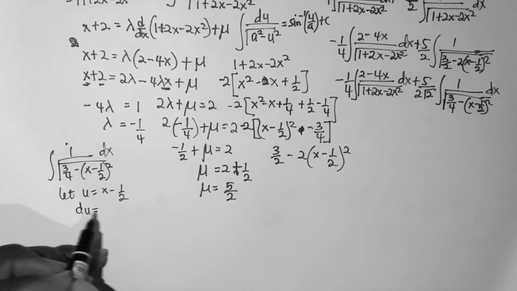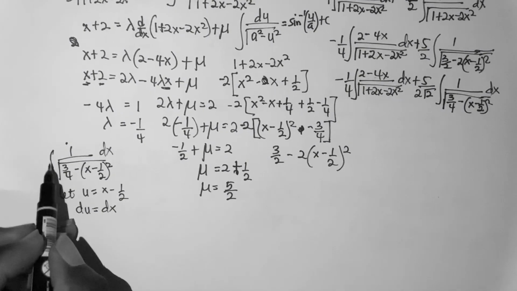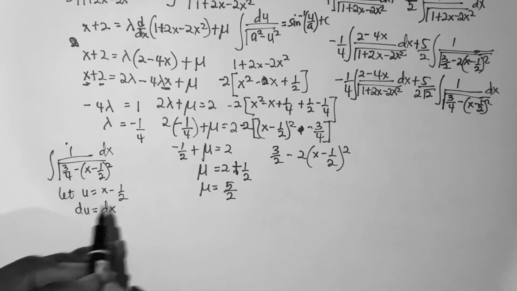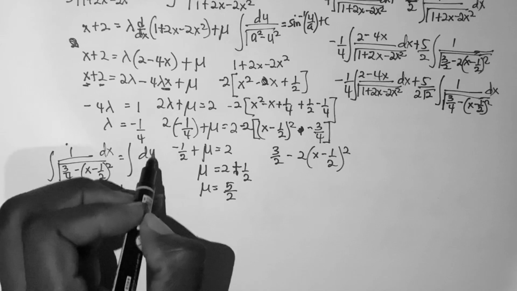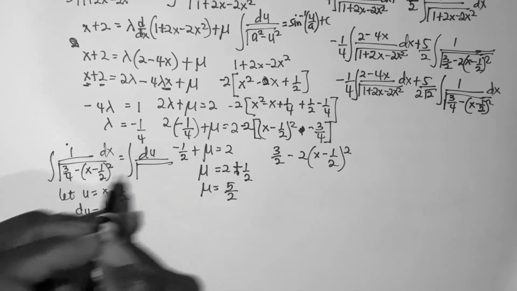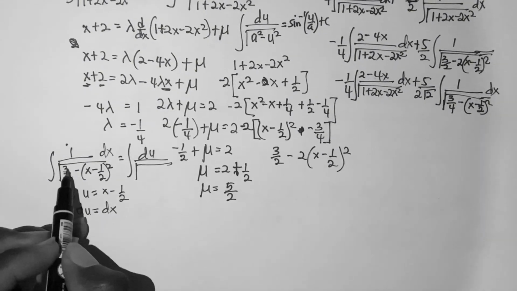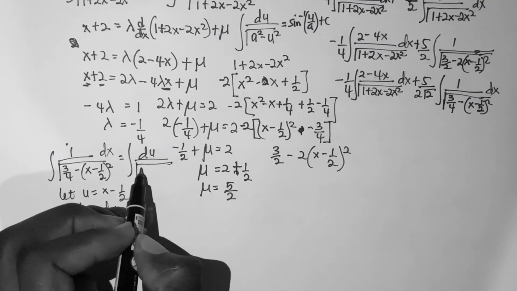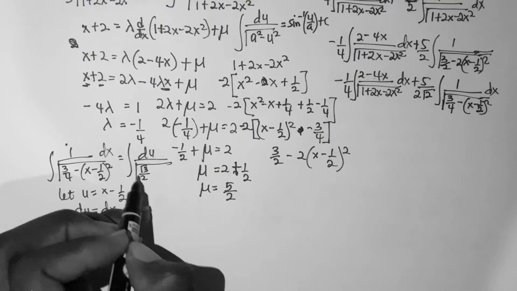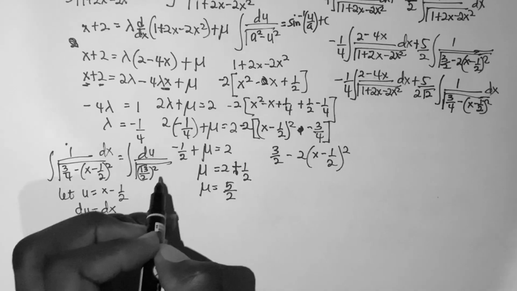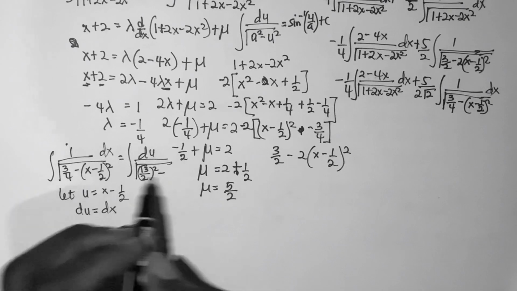So du in this case is equal to dx. And so all of this integral can be reduced to integral of du over square root of, now this is supposed to be a squared. So if we have 3 over 4, then 3 over 4 is the same as square root of 3 over 2 all squared, minus u squared, because we said u is x minus 1 over 2.